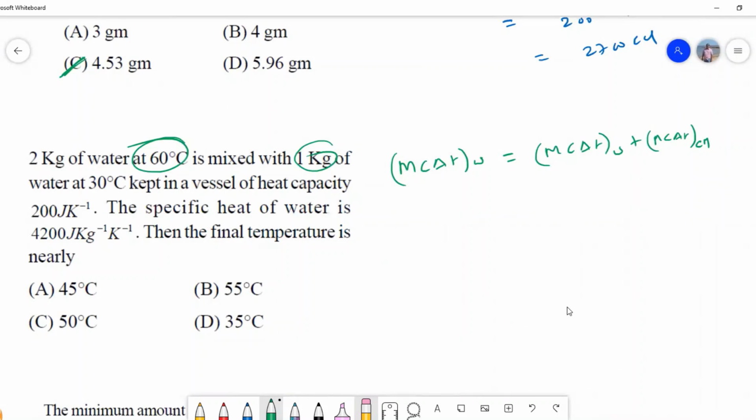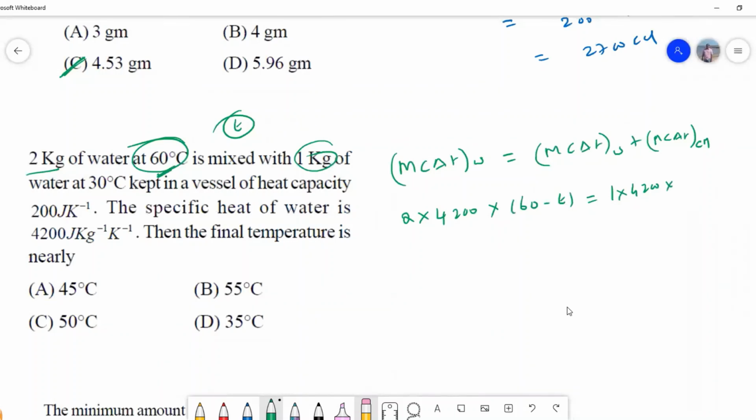So heat lost by hot water. Let's take mass of water given as 2 kg. Specific heat is 4200 we have. When you take mass in kg, take joule per kg Kelvin, into change of temperature. Let us take the final temperature of the mixture as T. Now the temperature change becomes 60 minus T, because initially 60, final temperature T. The mass of cold water is 1 kg into 4200.